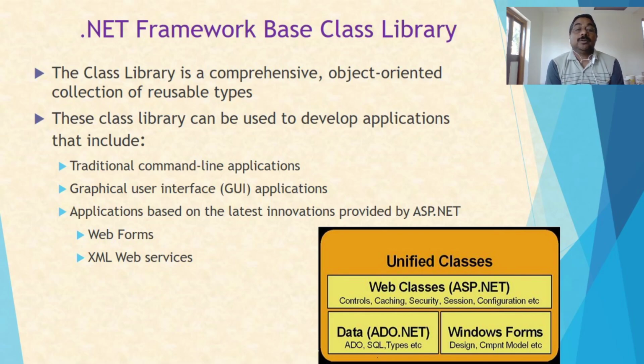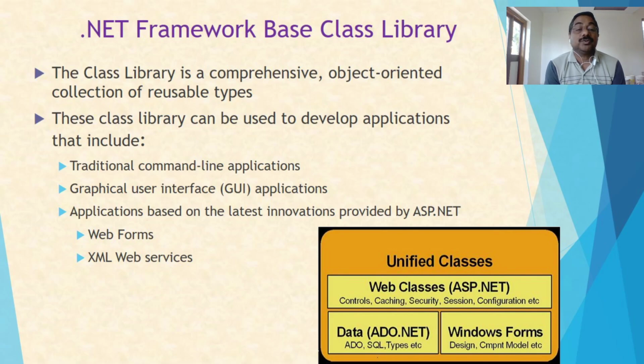One of the very important components of the .NET framework is the framework base class library. The class library is a comprehensive object-oriented collection of reusable types. This class library can be used to develop applications which include the traditional command line applications, graphical user interface applications, and applications based on the latest innovations provided by ASP.NET.